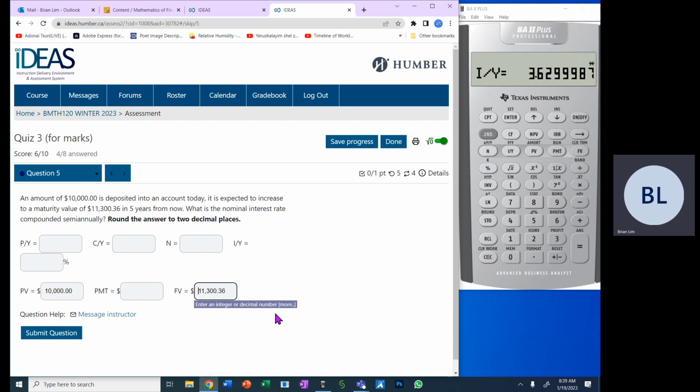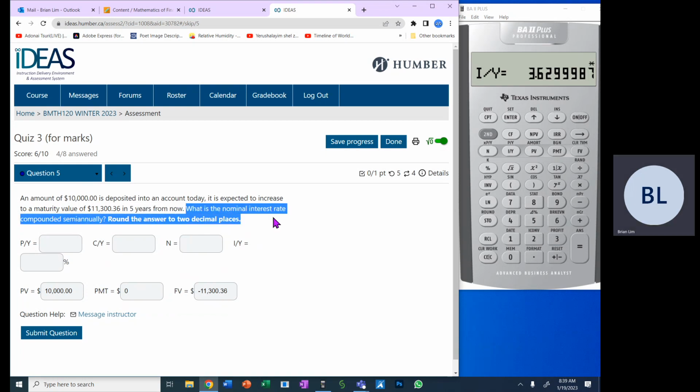Okay, and we will indicate that as negative so that we will not be errant in entering the value without the correct sign. All right, now payment is 0. What else do we know from this? It's for 5 years, 5 years from now.